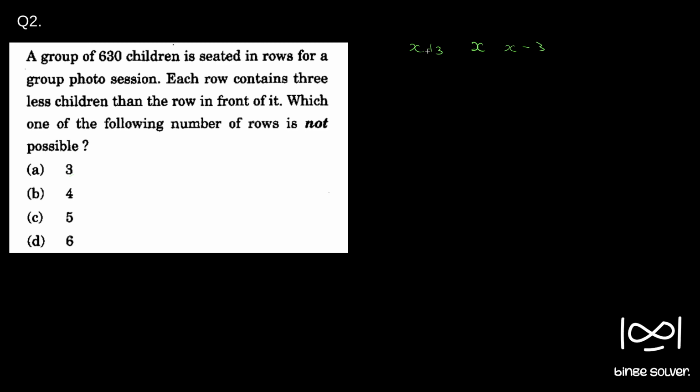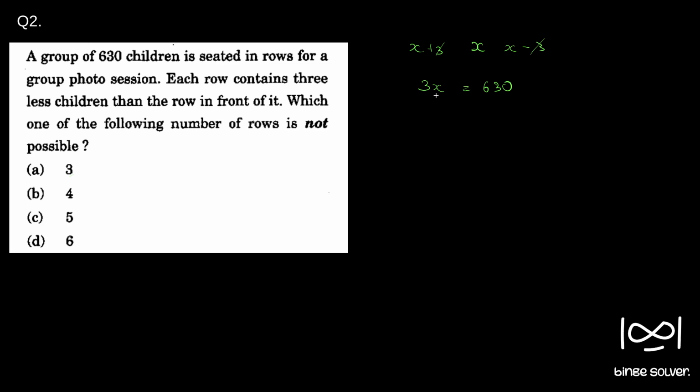This is 3 rows. The reason for taking this arrangement is, if you sum it together, all these numbers will cancel out and we will just get 3x as the sum. So 3x has to be 630, and this arrangement is possible if we can find some x so that the sum will be 630, right?